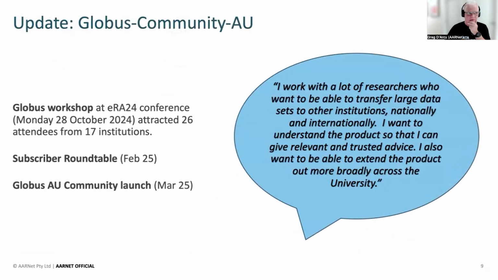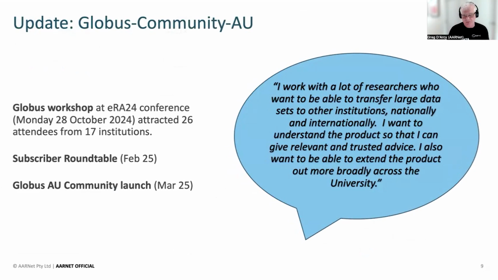That's my brief. Just a quick update since our last meeting, we ran a Globus workshop at the eResearch conference a couple of months ago, where we attracted 26 people from 17 institutions. By and large, we think it was highly successful. It seems like the time's right.